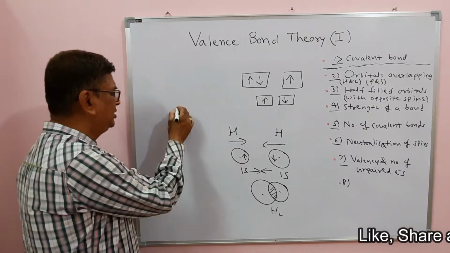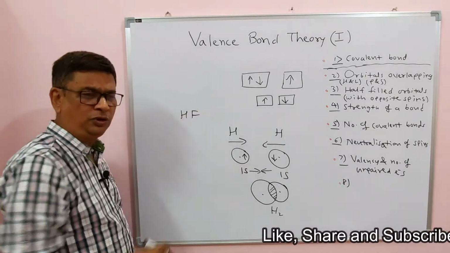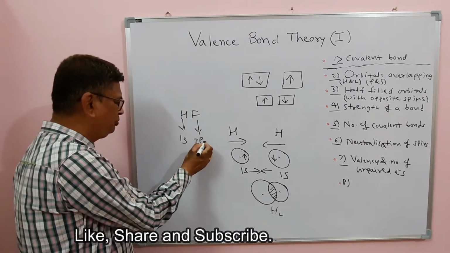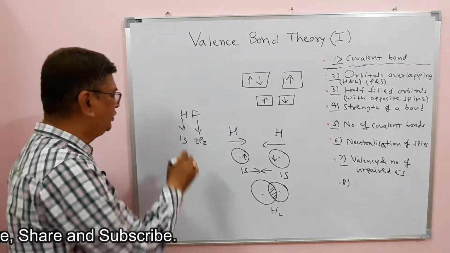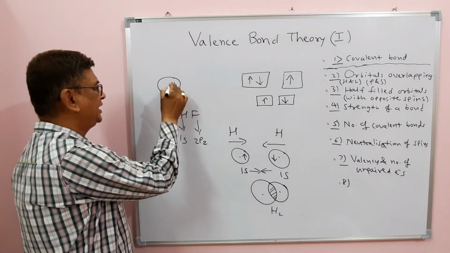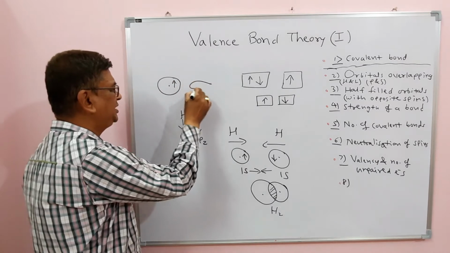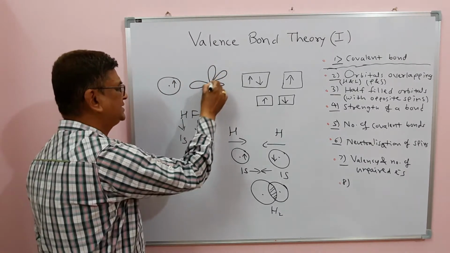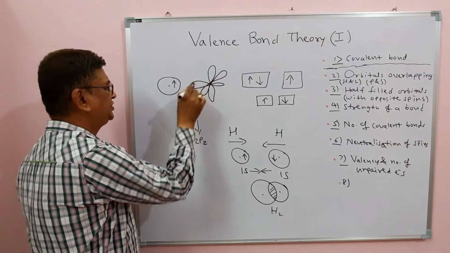Take another example, the formation of the HF molecule. Hydrogen's 1s orbital and fluorine's 2pz orbital overlap. That overlapping can be shown like this. This is the hydrogen spherical orbital containing an unpaired electron. This is the pz orbital of fluorine containing an unpaired electron, shown with opposite spin.